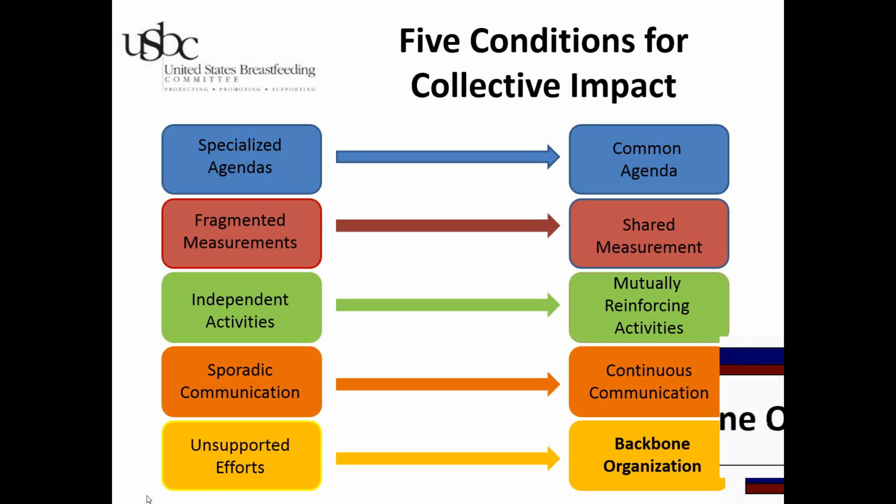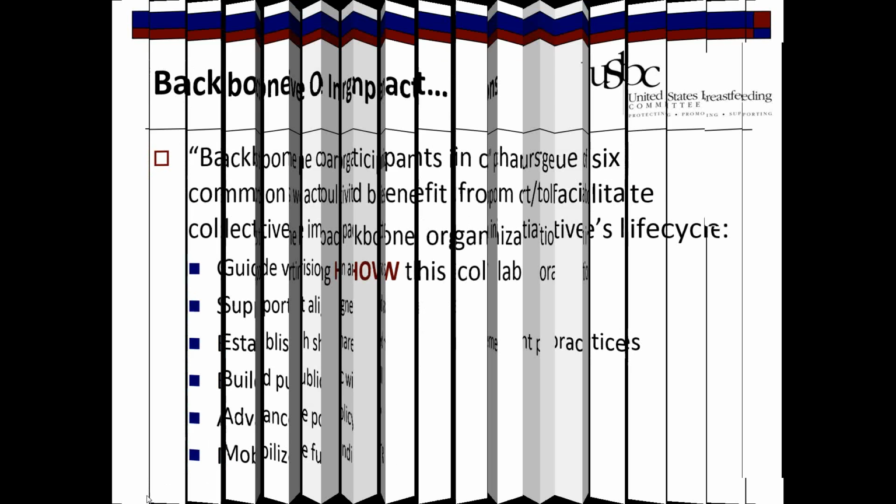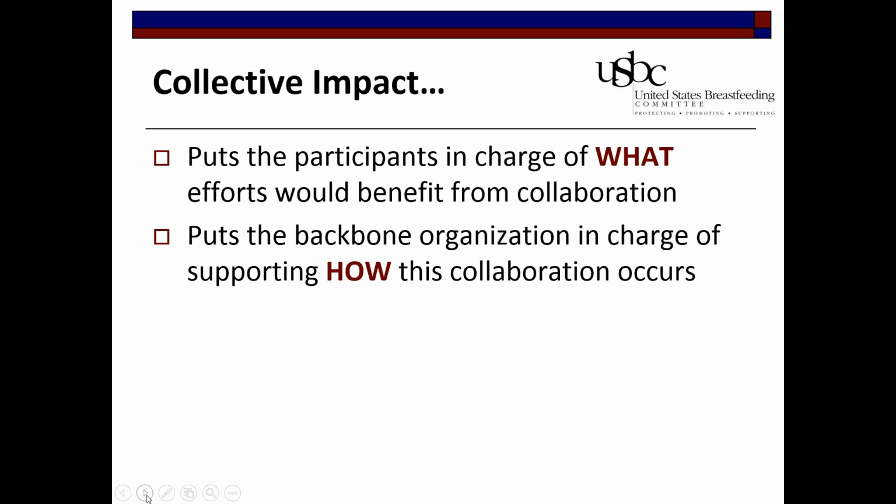So it's a lot of work that helps things happen. Next slide. And collective impact puts the participants in charge of what efforts would benefit from the collaboration, and also puts the backbone organization in charge of supporting how this collaboration works. So the participants do the what, and the backbone organization does the how. Next slide.